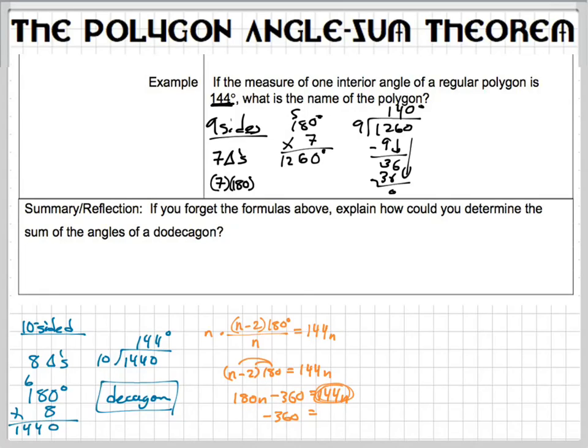What's 180 minus 144? 36. So we have 36n equals 360, and if I divide both sides by 36, what do I get? n equals 10. So we got 10 sides, just like we did over here. And so we know that this is a decagon.